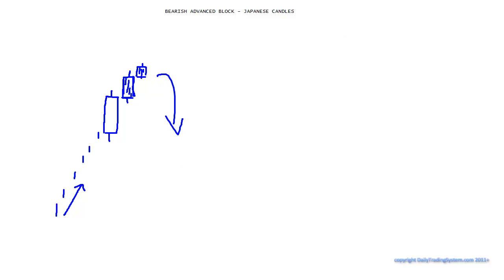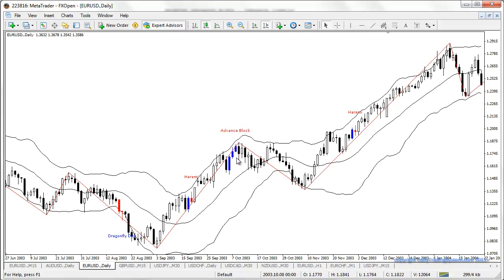So let's go ahead and take a look at what it looks like on the chart, and here's one right here. We're in an uptrend, and here's our first candle, and the second one, then our third one, and the fourth candle after the formation is now basically letting us know we've actually come into a lower low.